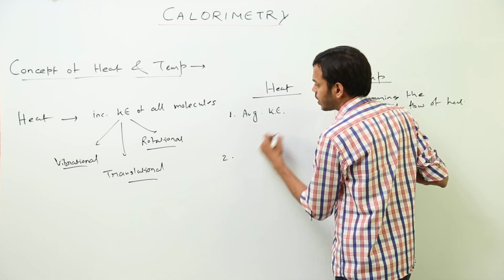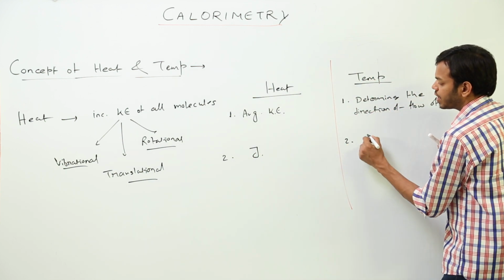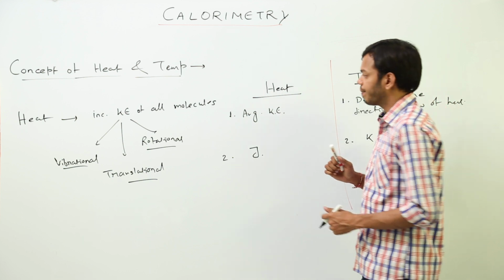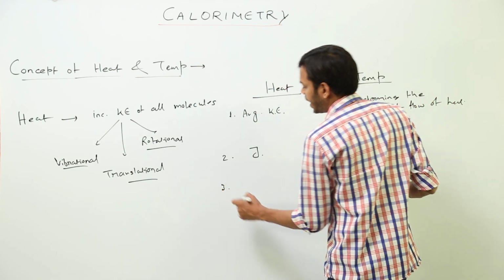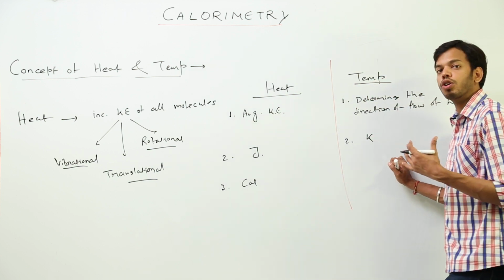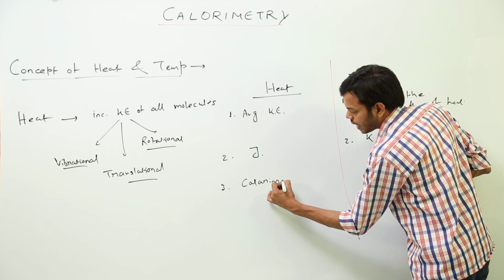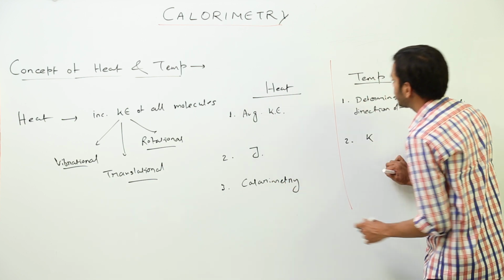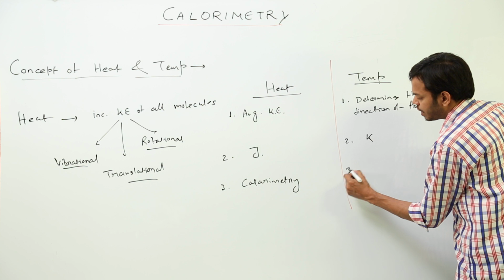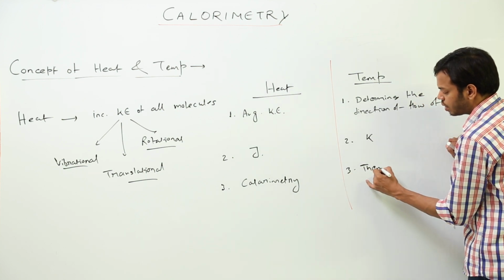Second, the SI unit of heat is joules, whereas the SI unit of temperature is Kelvin. Heat is determined by calorimetry. If you want to calculate the amount of heat liberated or absorbed, we can do it by calorimetry, whereas temperature is measured by thermometers, which are devices to measure temperature.